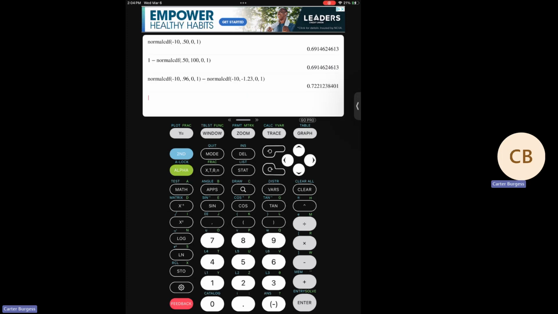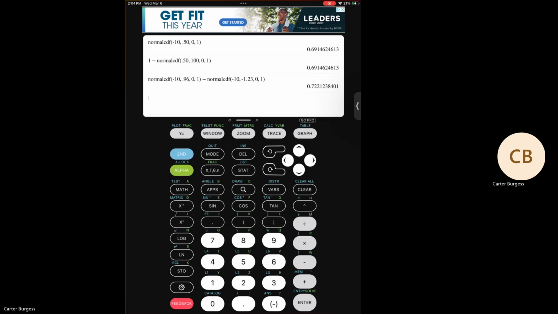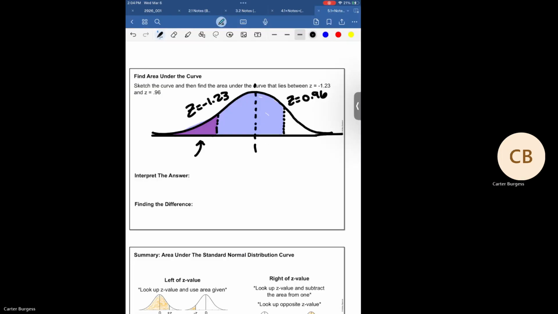And what we get is that this area is 0.7221. So this would be if we were doing this with the tables, right?